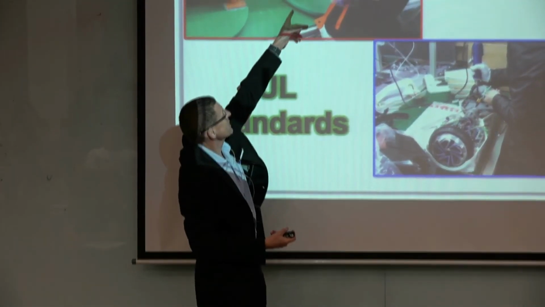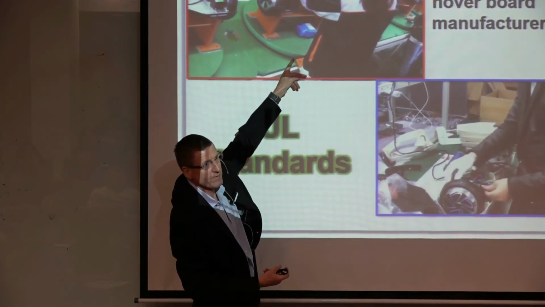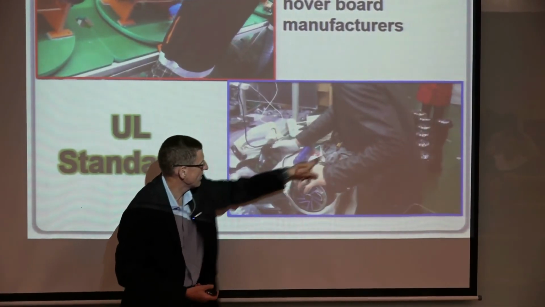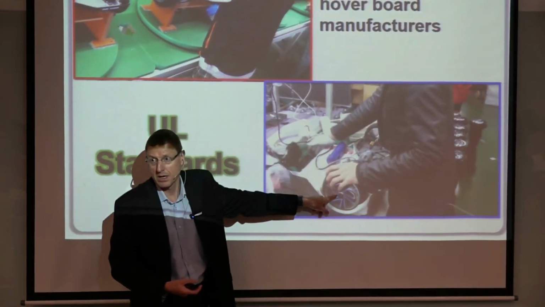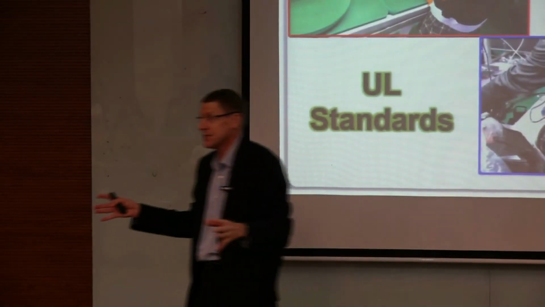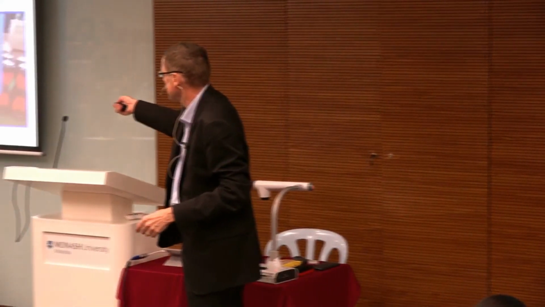Now, each of these workers here only does one part each, and there's about 40 of them. This worker here can do the whole hoverboard by himself. He can make it from scratch. He knows where all the screws are, all the processes. Which worker do you think is smarter? This one here or this one?